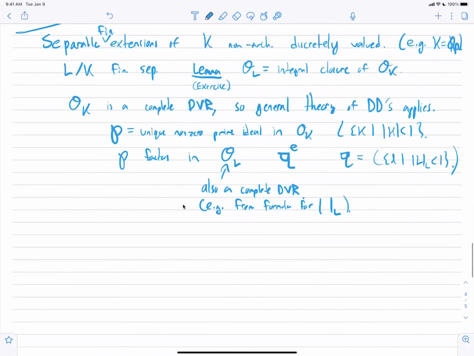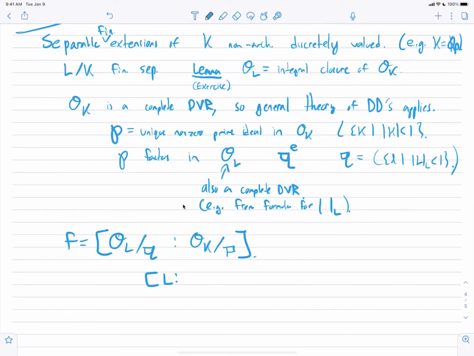Okay, and so O_L mod Q is an extension of O_K mod P. So the residue fields are extensions, and as usual, we call f the degree of this residue field extension, and the ramification degree is e. And I know, just from the general theory, that the degree of the extension is f times e.